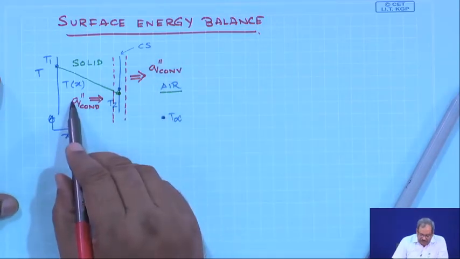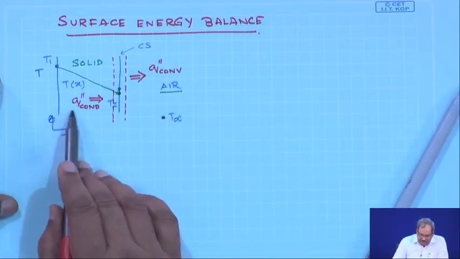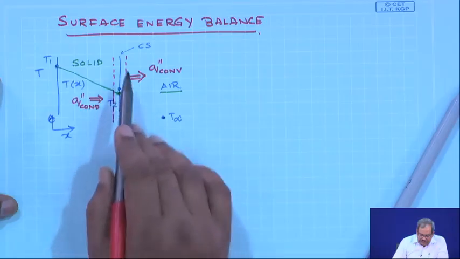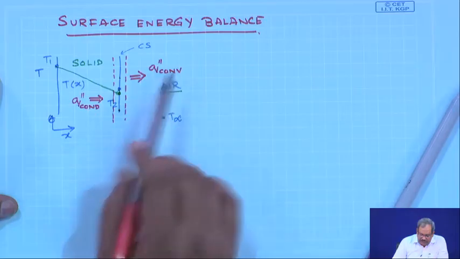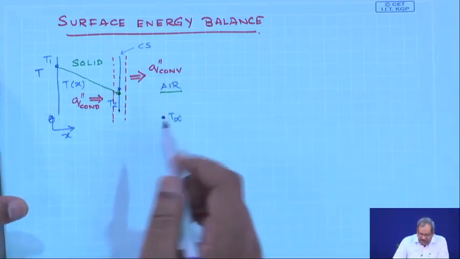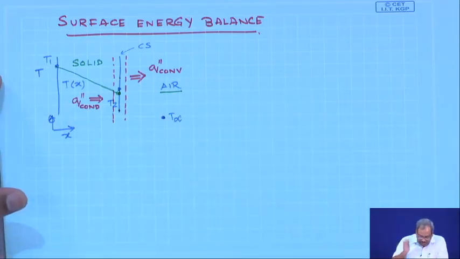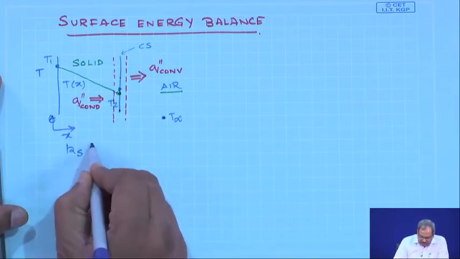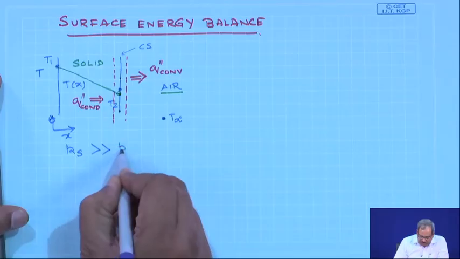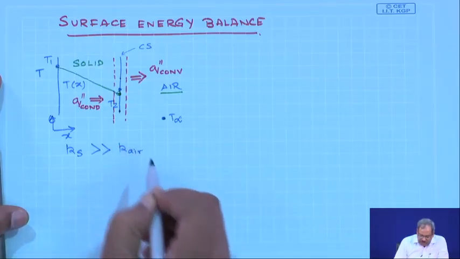So, you have heat gets transported in the solid by conduction, heat gets transported in the air by convection, and this is a reasonable approximation since we realize that thermal conductivity of the solid is much more than thermal conductivity of air.